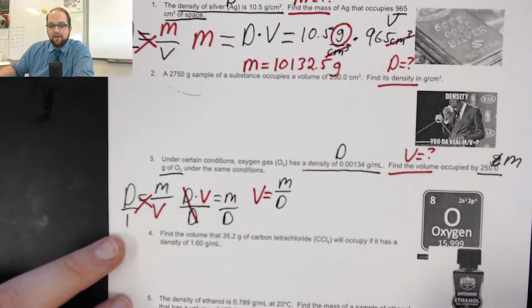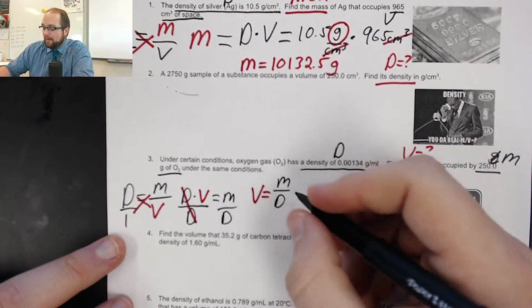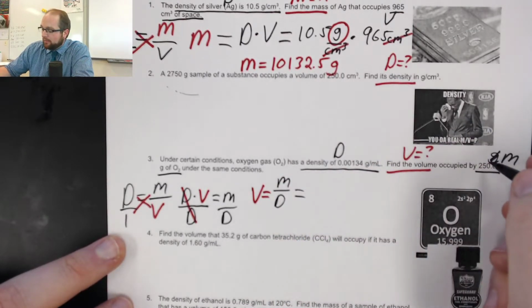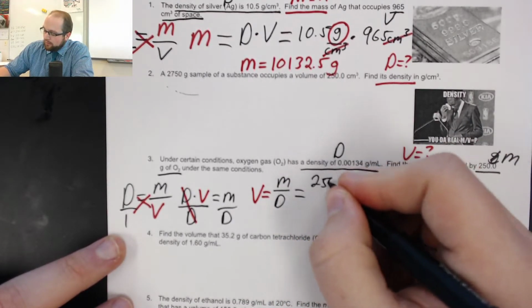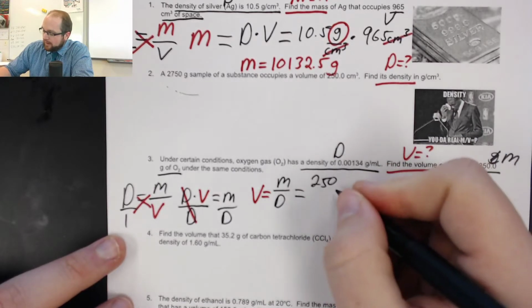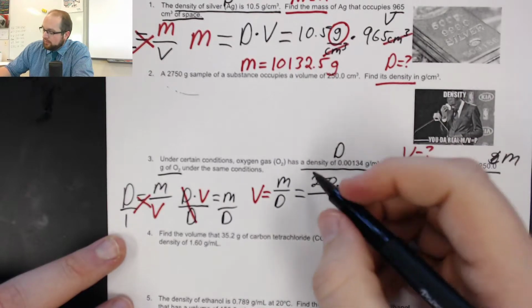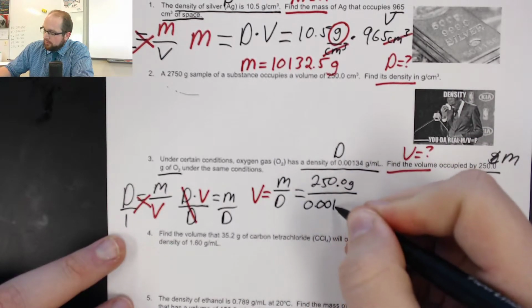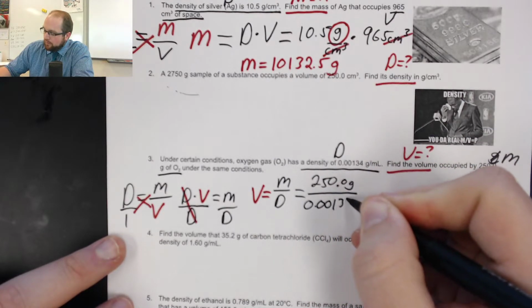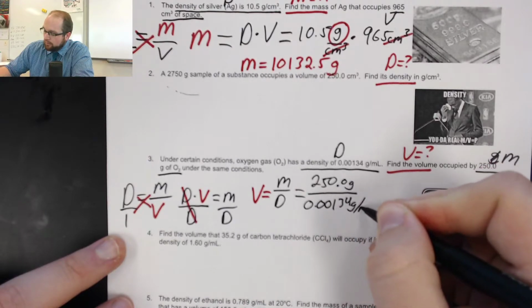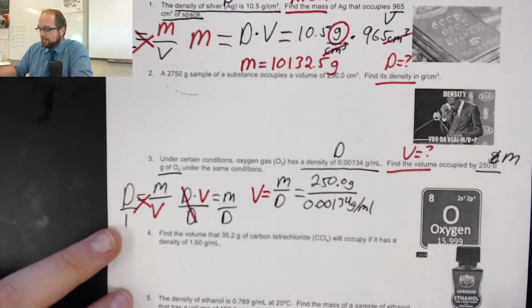Look at that. We've got our equation solved, and now we just need to plug in our numbers. We have 250 grams, don't forget that 0.0, divided by 0.00134 grams per milliliter. Awesome.